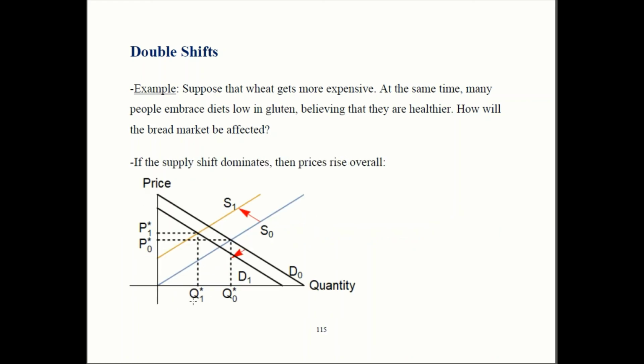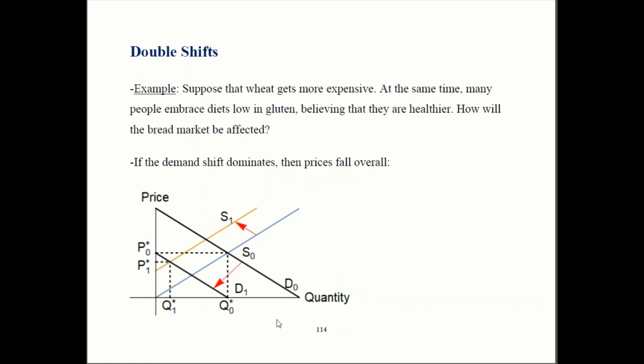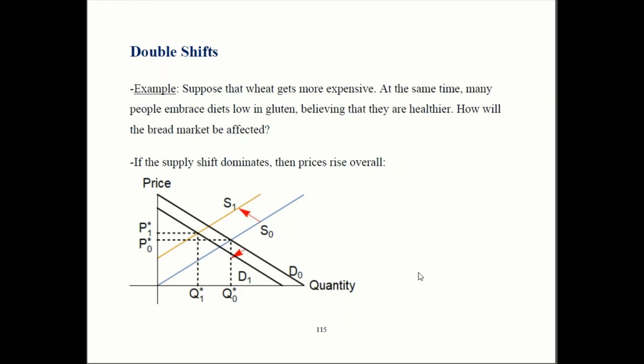That's why you saw Q go down over here, and you also saw Q go down over there. So that's how you analyze double shifts. What you basically do is look at each shift individually first. Then you ask yourself, do the shifts go in the same direction or in opposite directions? When they go in the same direction, you know what happens. When they go in opposite directions, it's unclear.